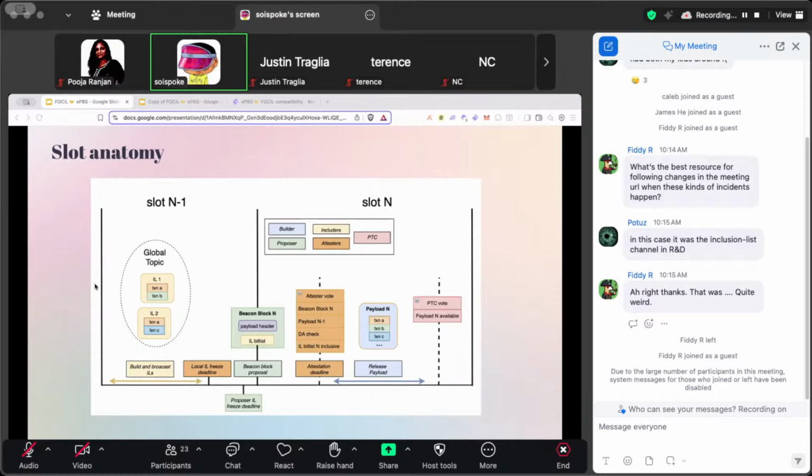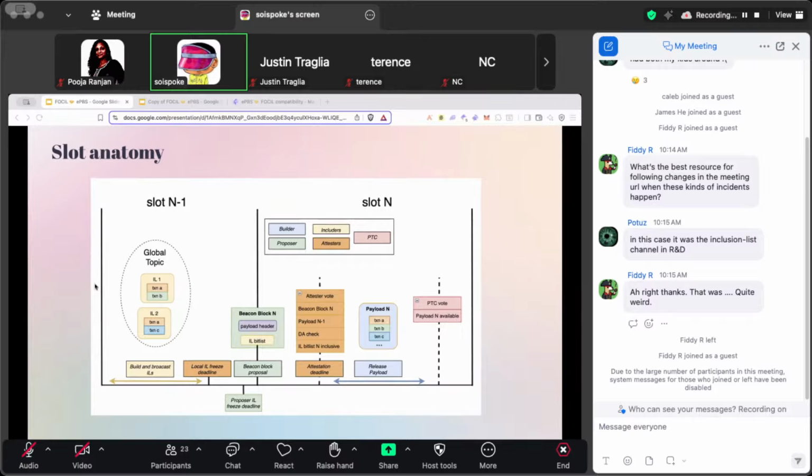So now we have the whole slot structure for EPBS and FOCIL, and you see that the only thing that's added as a field is really that IL bit list in the beacon block n, which is not much. And then you need to add a check for that IL bit list, of course. And that's the first part of the split IL enforcement.